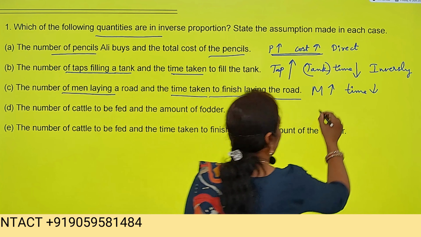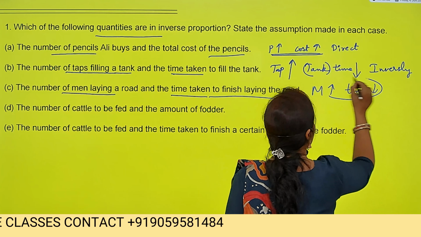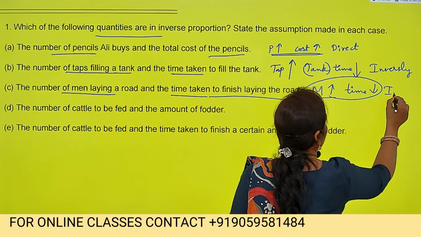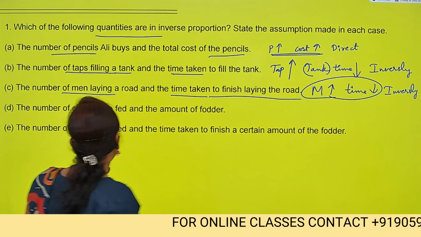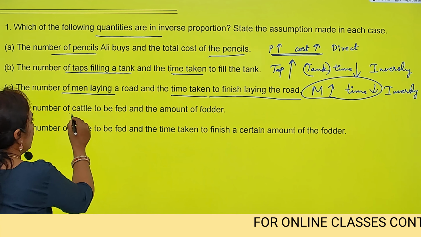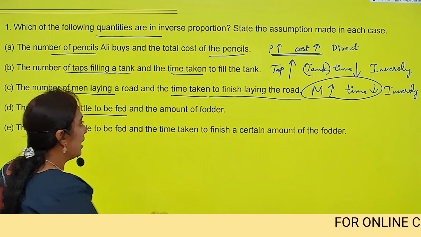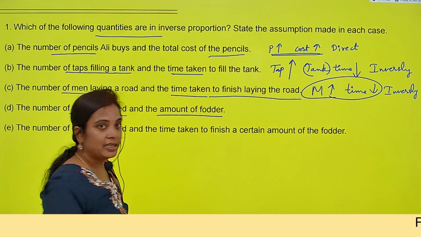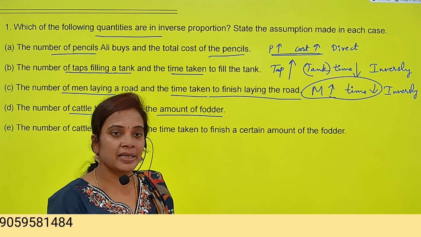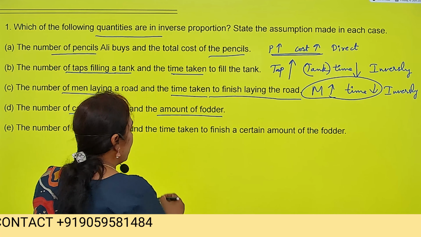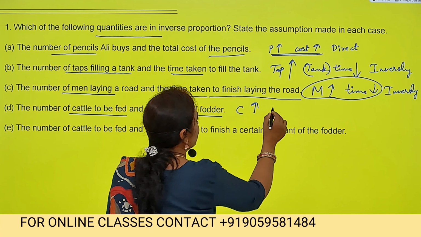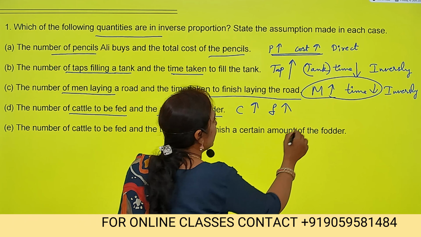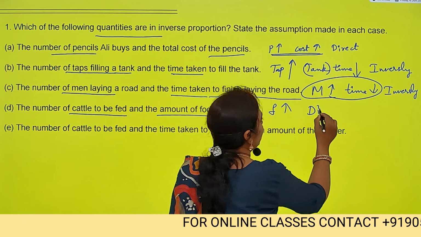So if increasing and decreasing happen in opposite directions, that is called inversely proportional. Okay. The number of cattle to be fed and the amount of fodder. If cattle increase, the feeding quantity also increases. So cattle increase, fodder also increases. This is direct proportion.